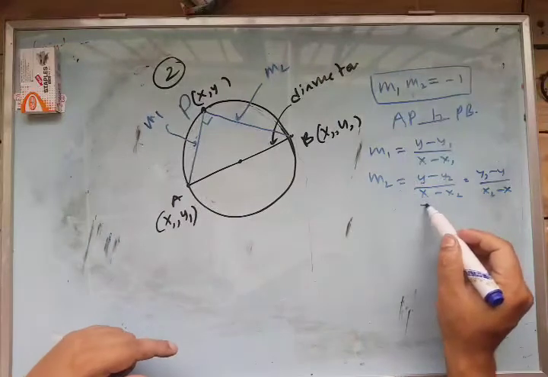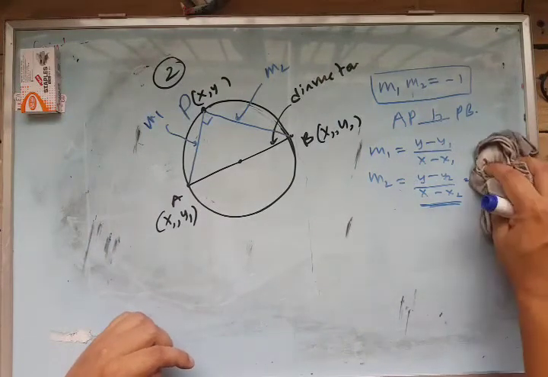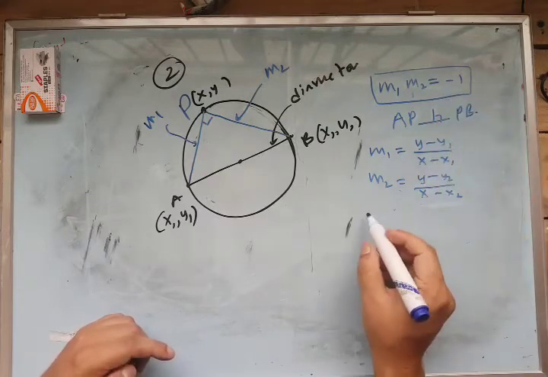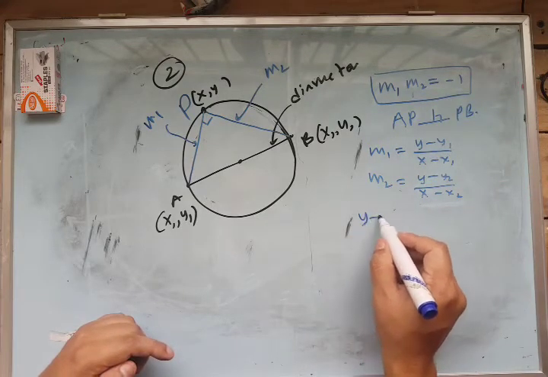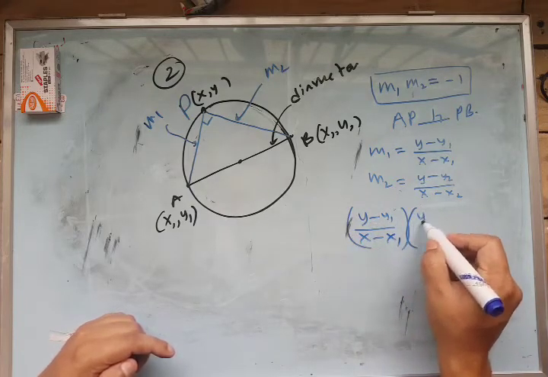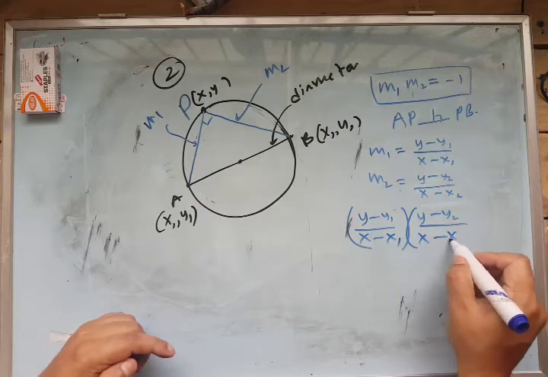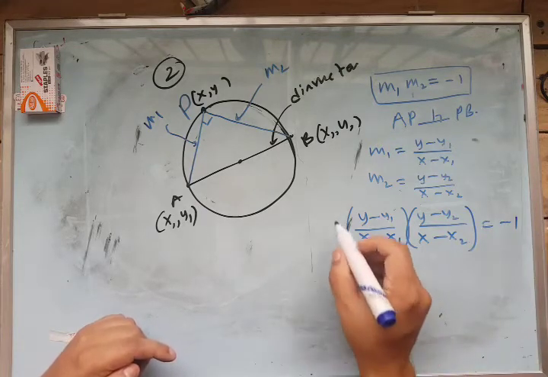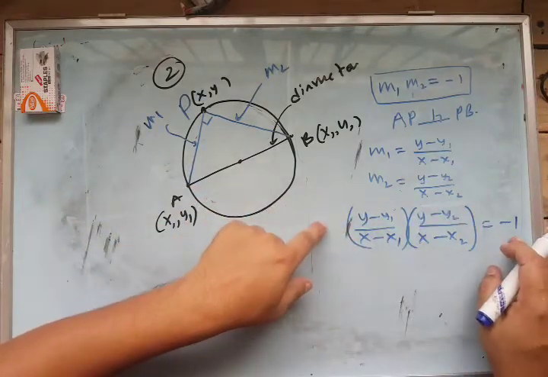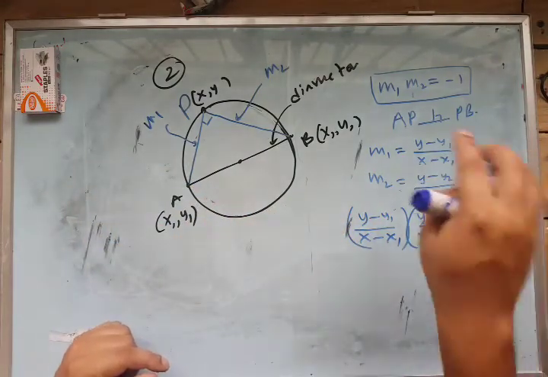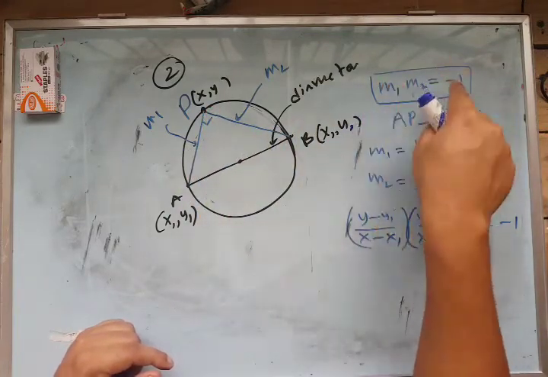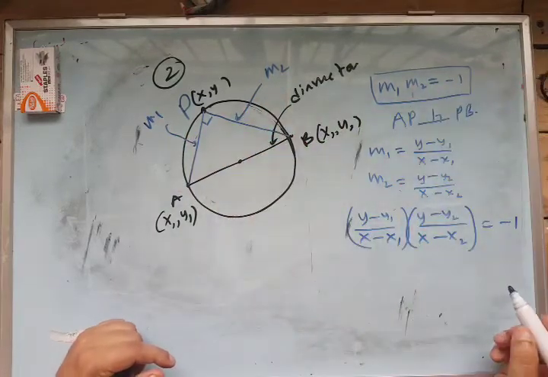So multiplying these two, y minus y1 over x minus x1 times y minus y2 over x minus x2 is equal to minus 1. This was obtained based on the fact that the product of the gradients of these two lines is equal to minus 1.